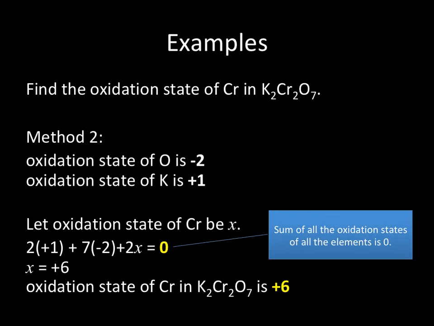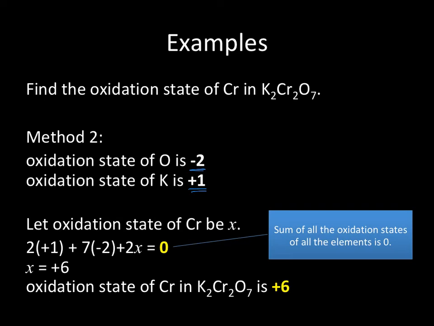Now in method 2, I write down the oxidation state of oxygen, which is -2, and I write down the oxidation state of potassium, which is +1. And I can also form an algebraic expression, including the potassium.